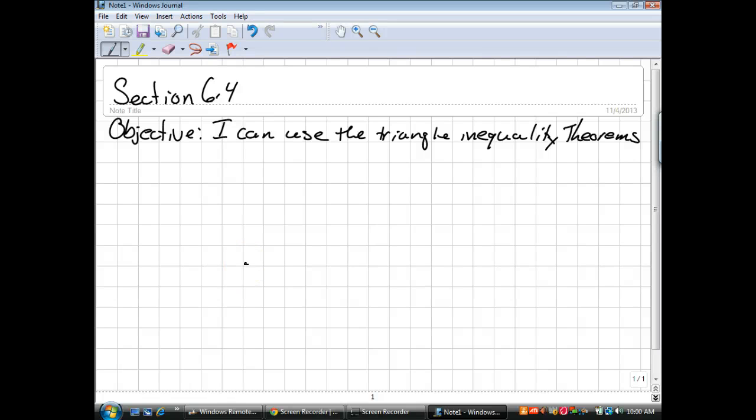Section 6.4, I can use the triangle inequality theorems.